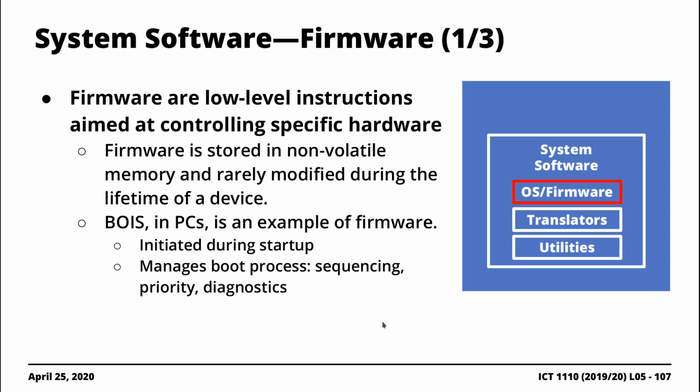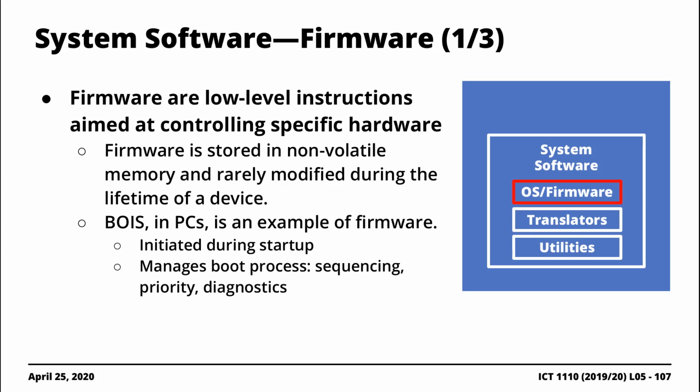Also, this firmware is typically stored on non-volatile memory, right? Non-volatile meaning that it's difficult to change, right? It's permanent in most instances. And all this will make sense once we have our discussion of so-called primary memory, and specifically the type of non-volatile memory where you tend to find firmware is things like read-only memory or ROM.